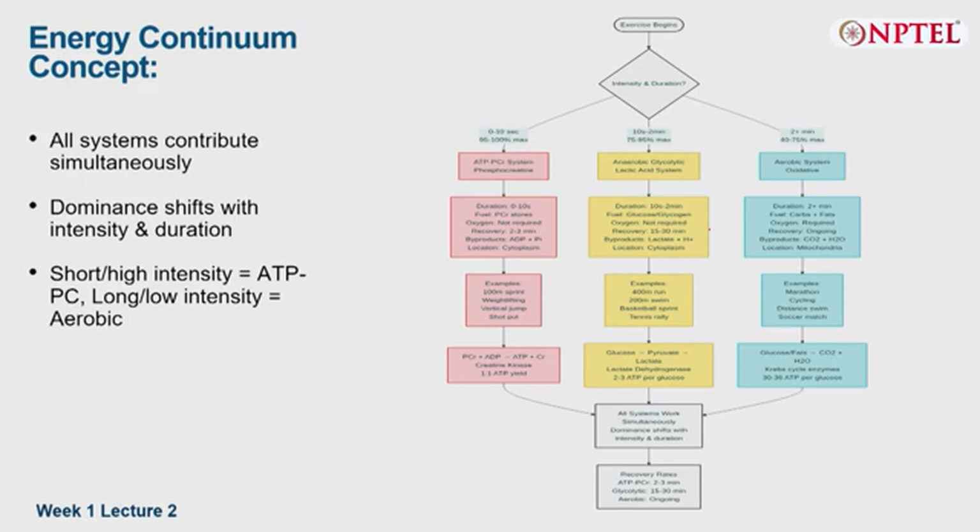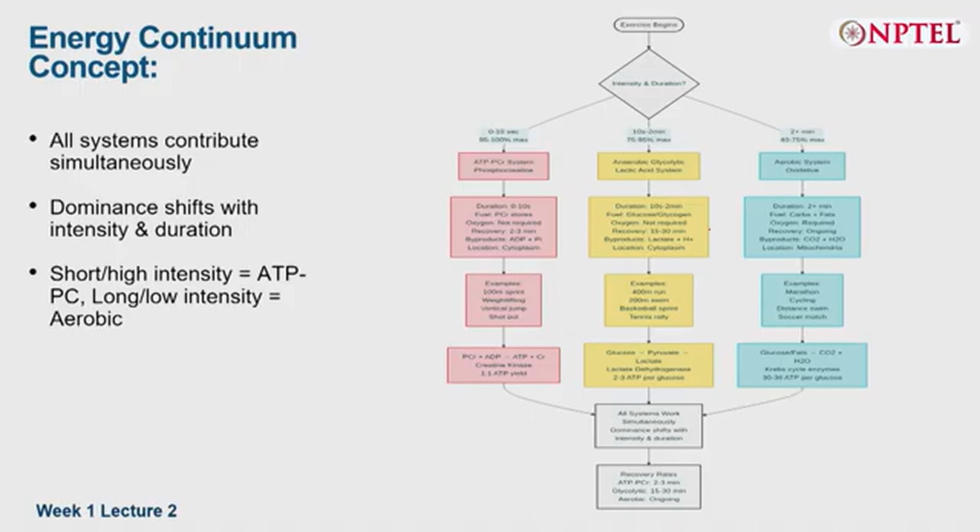The byproduct is ADP and phosphate, adenosine diphosphate and phosphate, and this particular energy system is located in the cytoplasm of the cell. Examples of this activity are the 100 meter sprint, weightlifting, explosive jumps, and shot put.